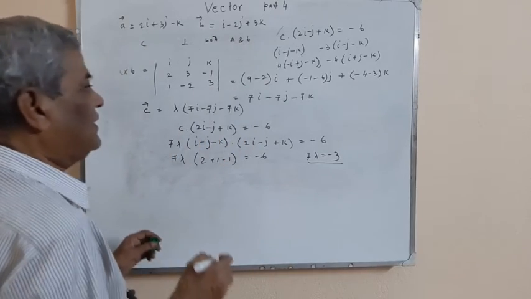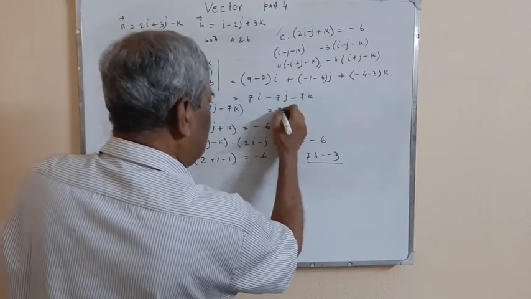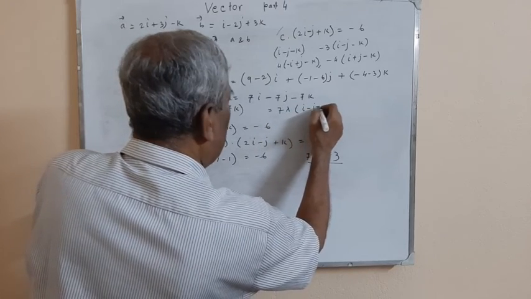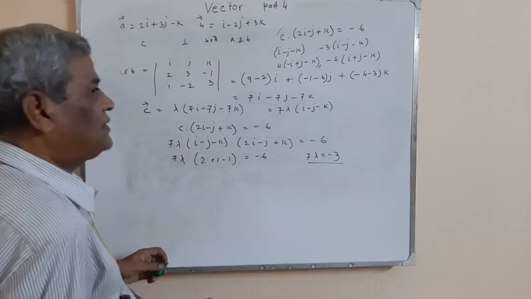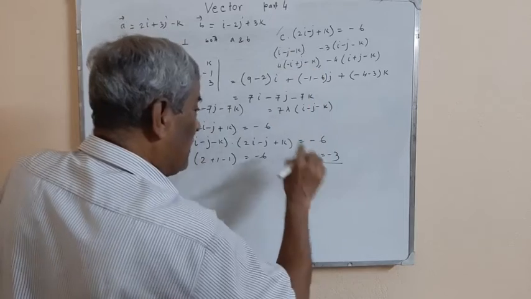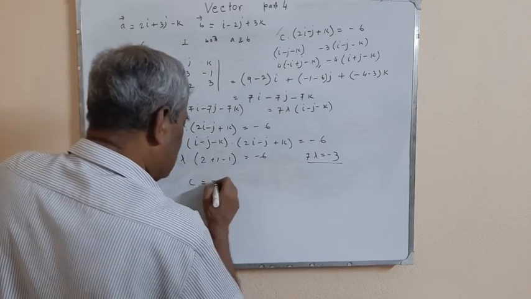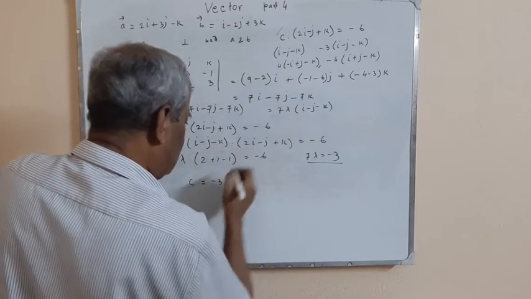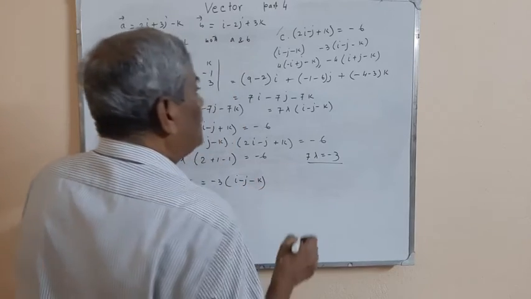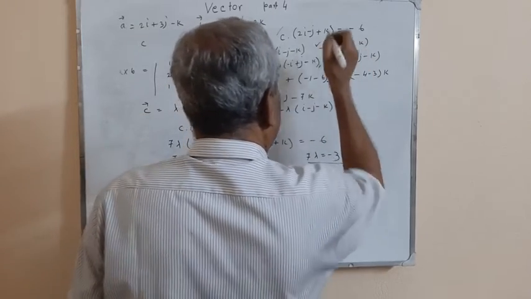Now our C is equal to 7 lambda into (i minus j minus k). But we get 7 lambda equal to minus 3. Therefore, C is equal to minus 3 times (i minus j minus k). Minus 3 into this one. So this is the correct option.